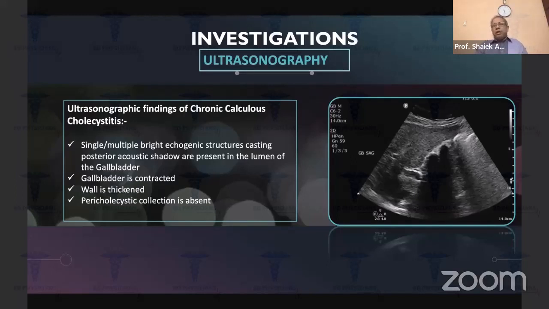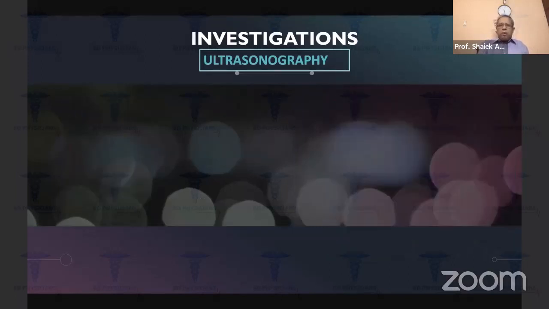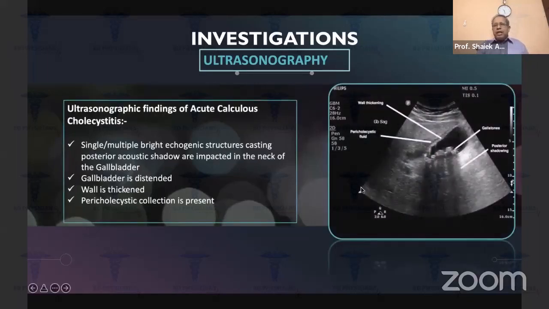Another important thing for all students and doctors to know is how we can differentiate gallbladder sludge from gallstones. It is very simple to investigate and evaluate the patient. In the previous picture, there is an echogenic structure with a shadow.